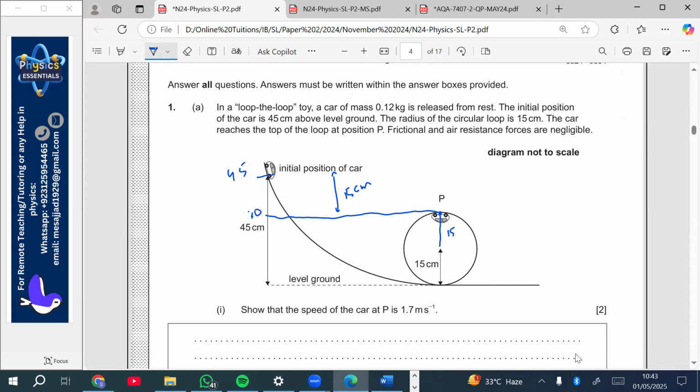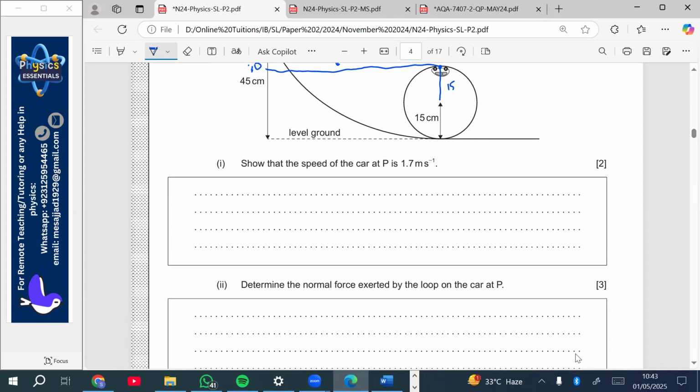Understand that? So we will say that the loss in PE equals the change in kinetic energy. So this is mgh and this is half mv squared. From here, v is the square root of 2gh.